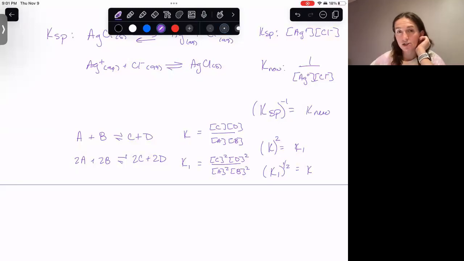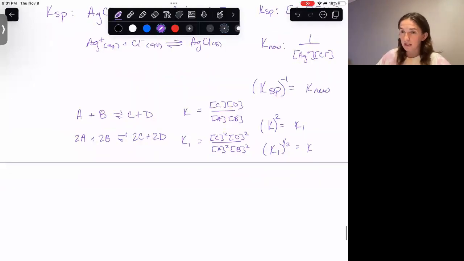I'm not entirely sure what the question would ask, but the question is, how do we know to take the inverse? What would the question look for? If you're given a KSP, we know KSP is the dissociation, so that's things breaking apart.